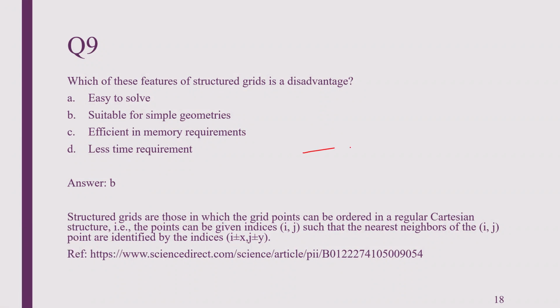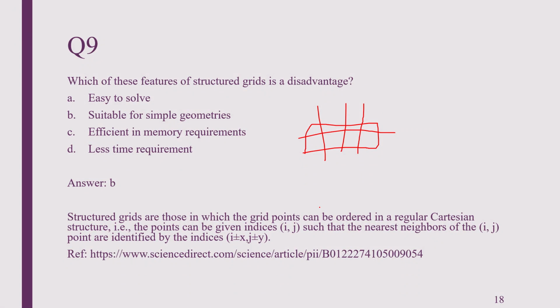For example, if we are discretizing this particular domain into 4 or 5 cells, we can say that this is I plus 1, this is I plus 2. Similar way, we can give the indices. So structured grids are those in which grid points can be ordered in a regular Cartesian structure.